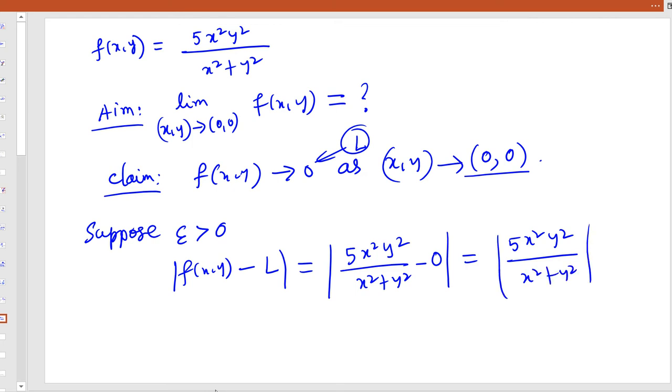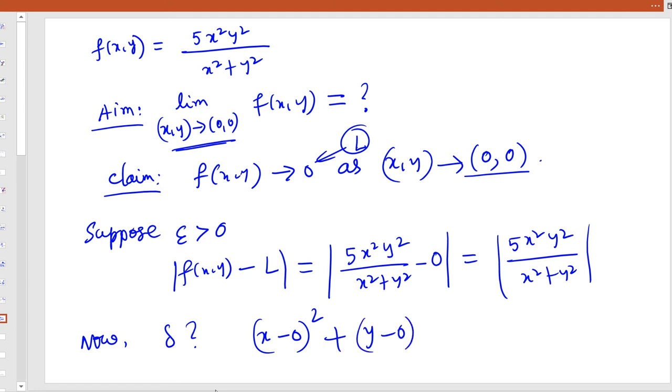Now what is our delta? Because we need to satisfy that x minus 0 whole square plus y minus 0 whole square should be less than delta square. So this is nothing but x square plus y square less than delta square.